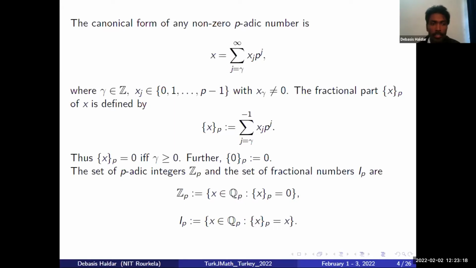The set of p-adic integers Zp is defined as the set of all p-adic numbers whose fractional part is 0, and the set of all fractional numbers Ip is defined as the set of all p-adic numbers x whose fractional part is x, the number itself.